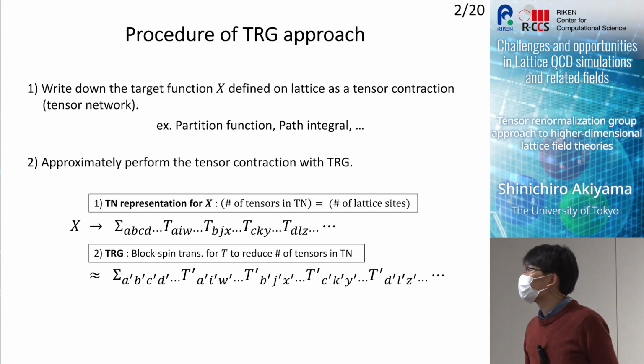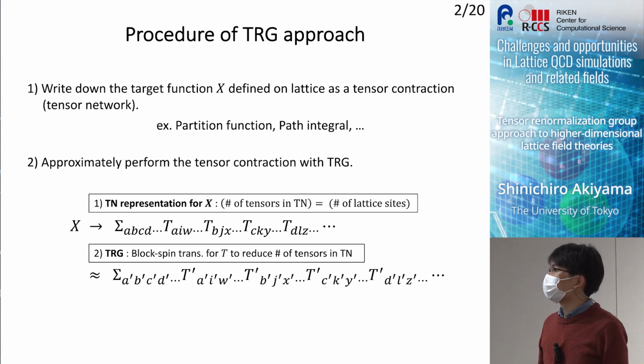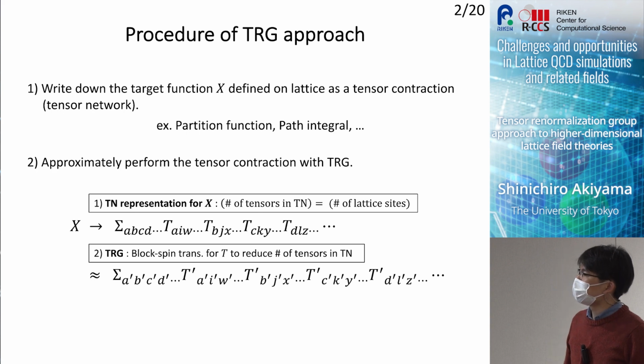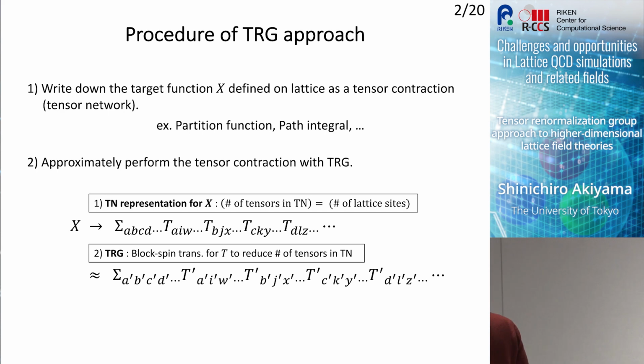So if we want to evaluate this function in the thermodynamic limit or the zero temperature limit, we need to consider the tensor contraction among an infinite number of tensors. It is a very difficult and demanding task. So we use the TRG, which provides us a kind of block spin transformation for these local tensors, and using this technique we reduce the number of tensors in the tensor network form.